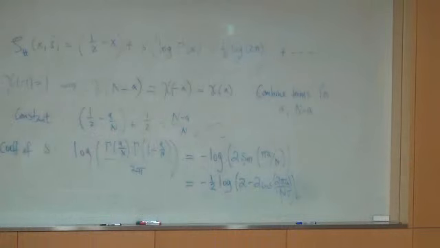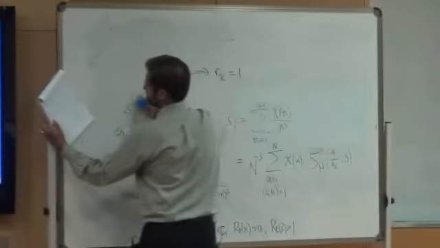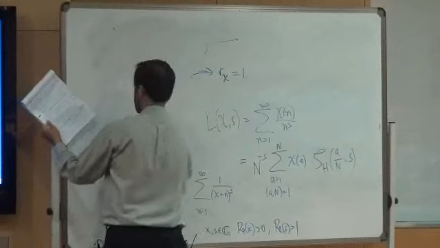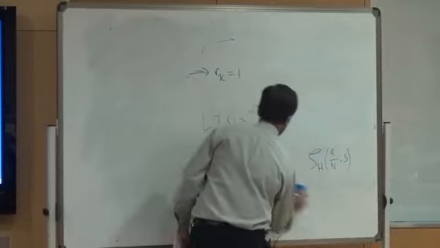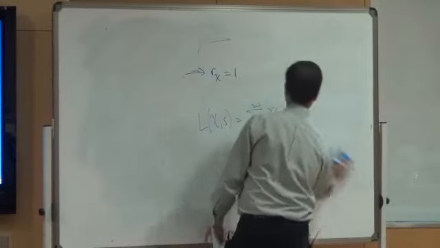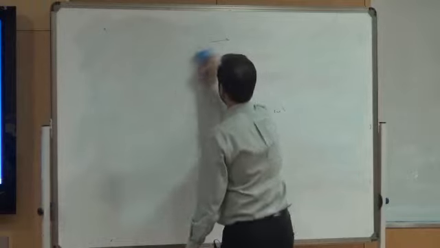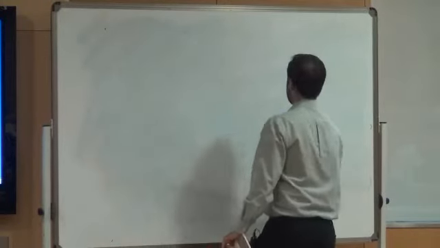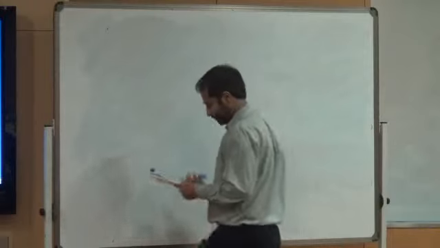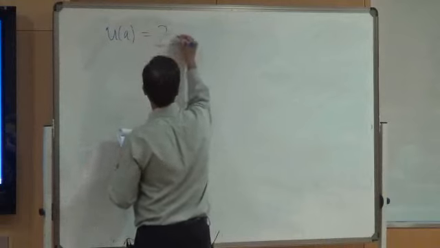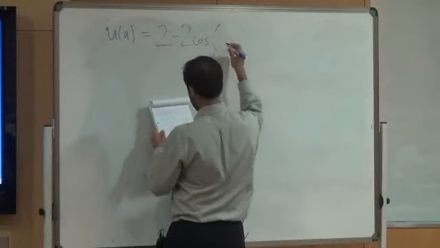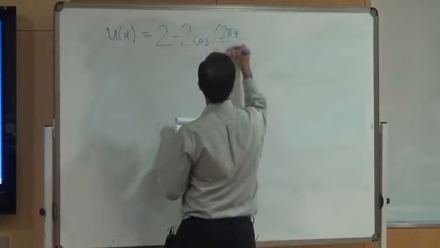So now I'm going to call the thing inside that log U of A. Okay, so U of A, I'm going to call that 2 minus 2 cosine of 2 pi A over n.